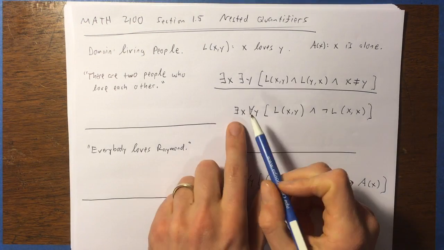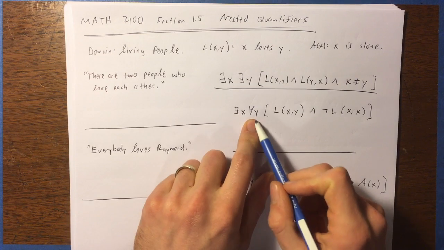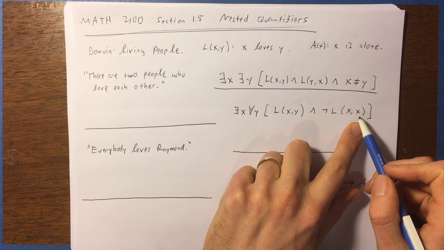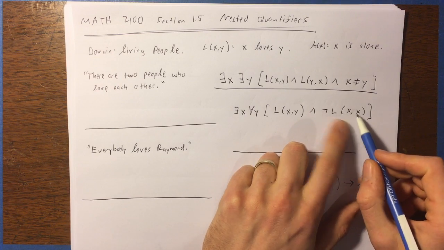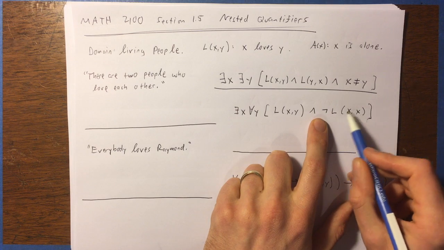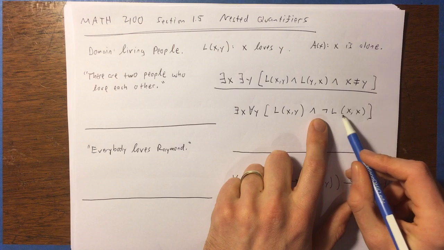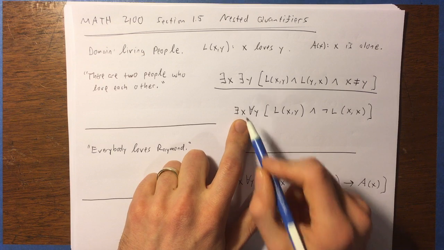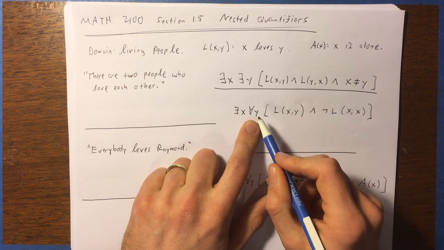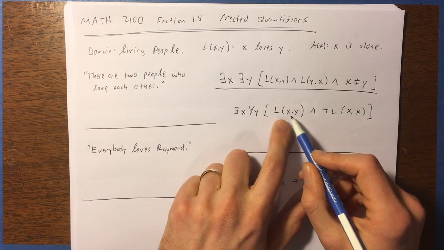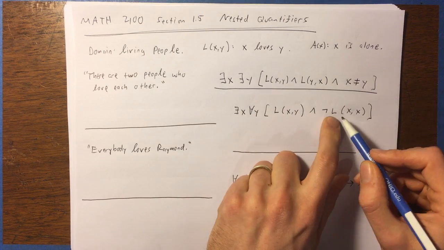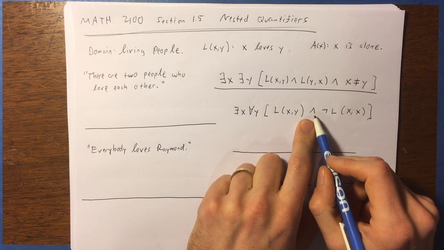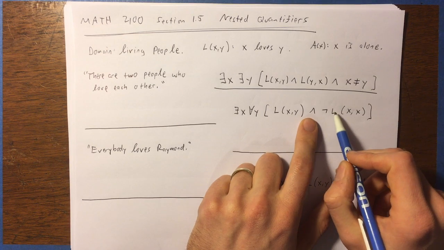This one says, there exists an X such that for all Y, L of XY and not L of XX. Remember how I said a person can love themselves? Well, in this case, we're talking about a person who does not love themselves, right? We're saying not L of XX. They don't love themselves. So this is saying there exists an X, or there exists a person, such that for all people Y, X loves Y, and X doesn't love X. It might make more sense to use, instead of the word and, the word but here, because it's followed immediately by a not, right?